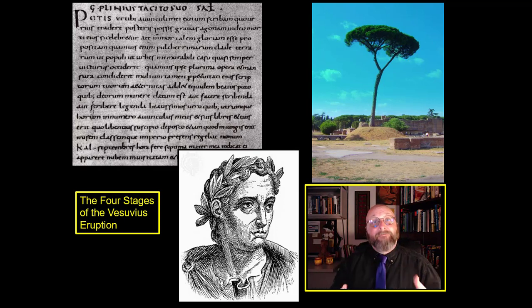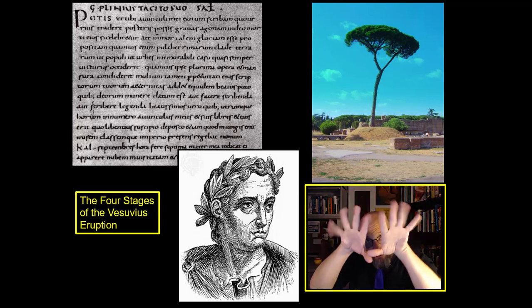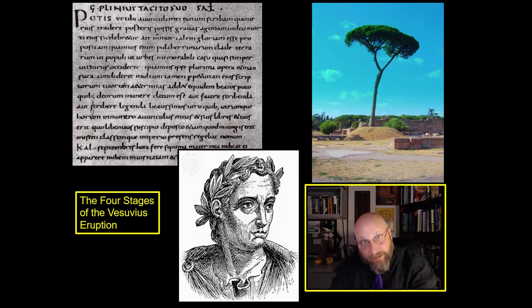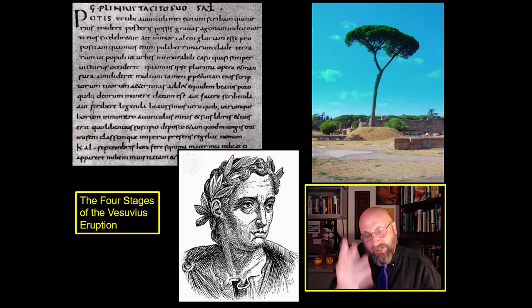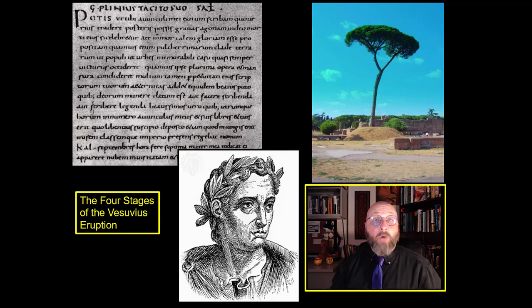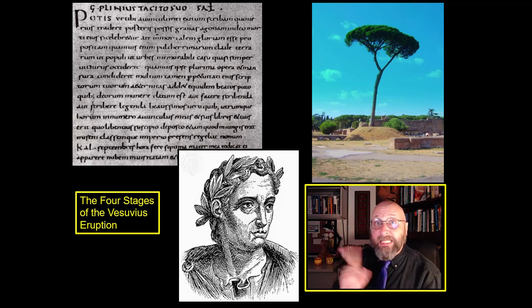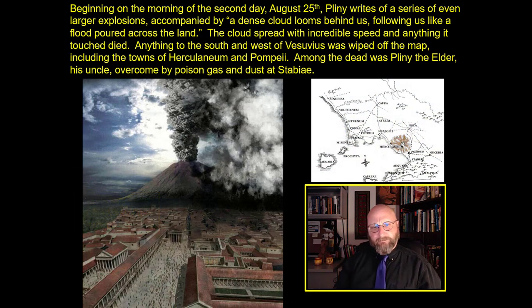Stage 4 is that volcanic fallout. The mountain itself is a broken wreck, and all of that fine material drifts down from the sky, burying anything that was left alive. Those are the 4 stages. In fact, these stages have become known geologically as a Plinian eruption.